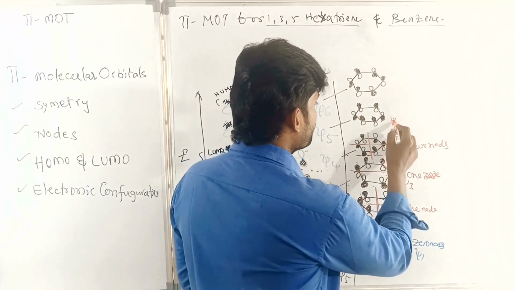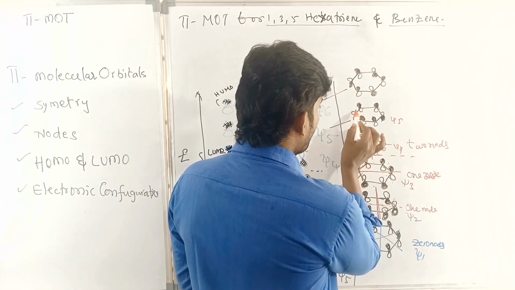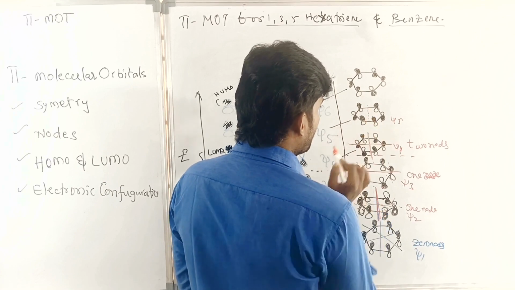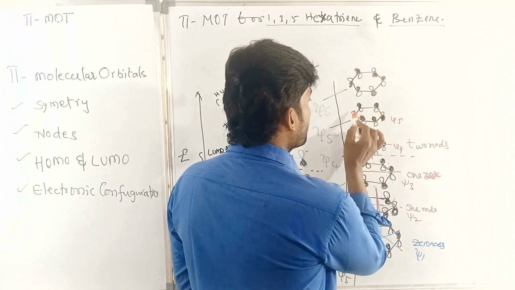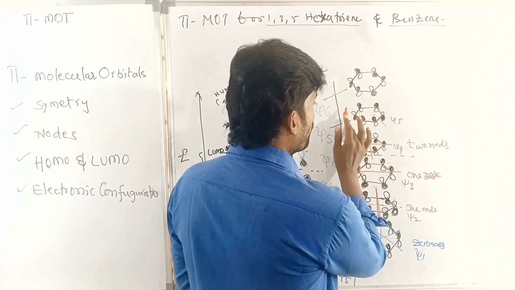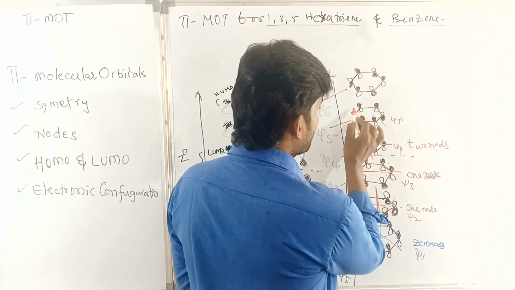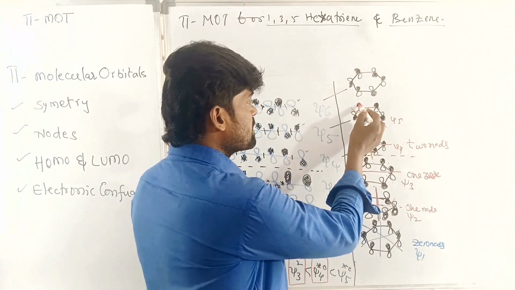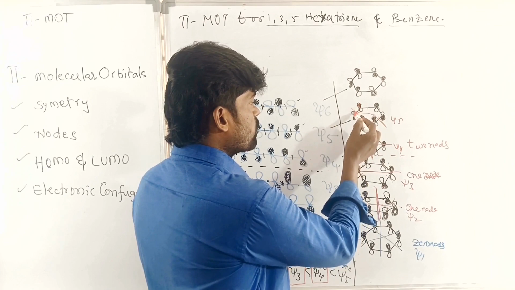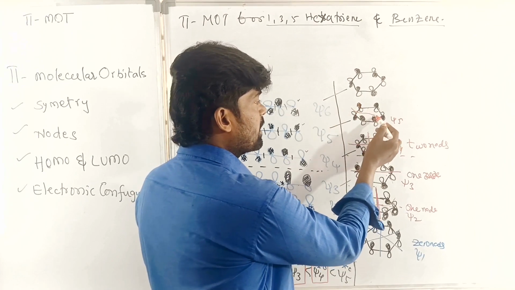Coming to psi 5, by using this plane we cannot cut into two parts because they are the same. By using this one also we cannot. But we can cut it into two parts here, because this is upside and this one is downside, both are different.